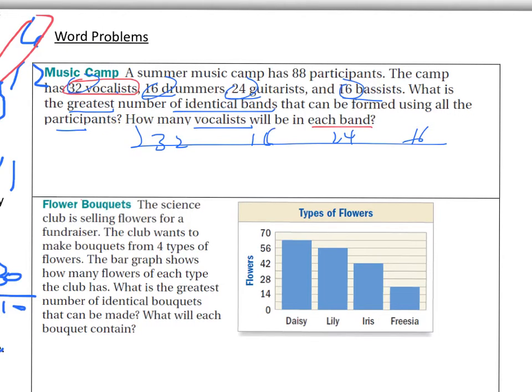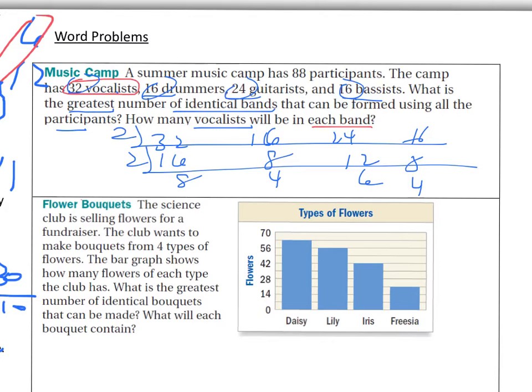Okay, let me make this clearer. 2, 16, 8, 12, 8, 2, 8, 4, 6, 4, 2, 4, 2, 3, 2, and we stop here.